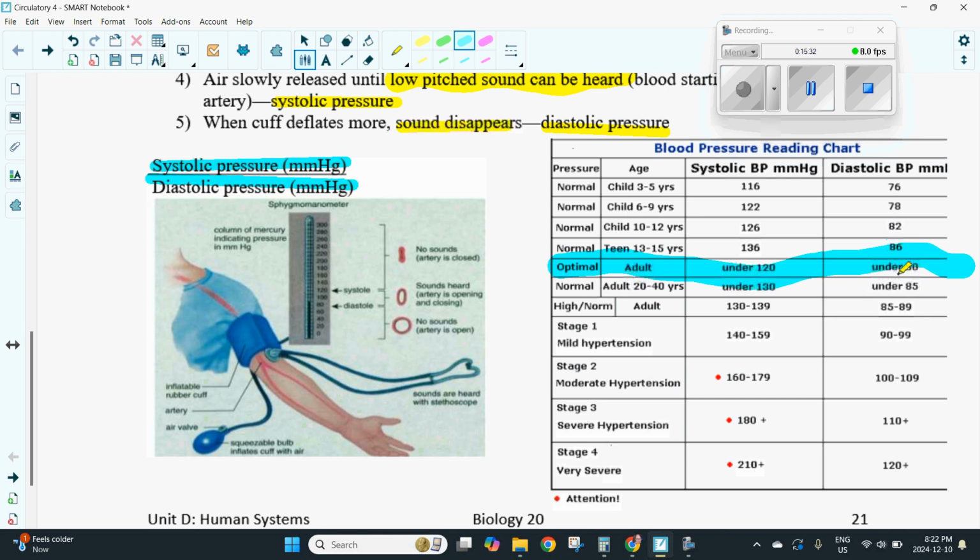Diastolic pressure is when your heart is relaxing and filling with blood, which means there's less blood in the arteries, so less pressure on the artery walls, causing a lower pressure.